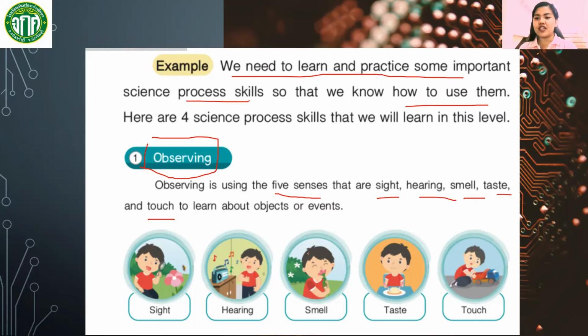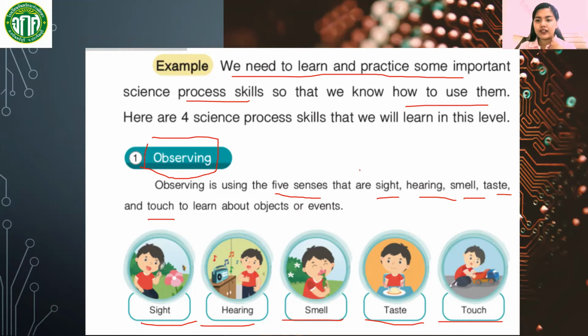What are the 5 senses again? We have the sense of sight, sense of hearing, sense of smell, so we use our nose, sense of taste, and sense of touch. So you are going to observe objects or things and events using these 5 senses.